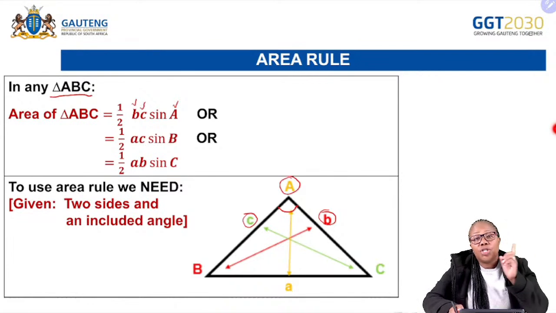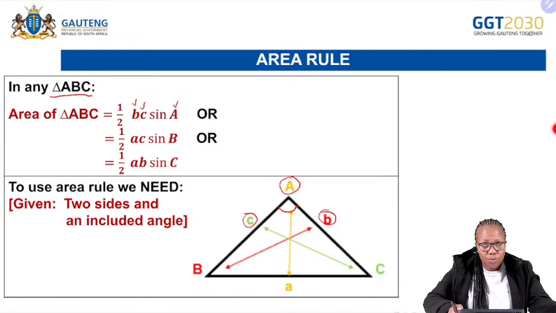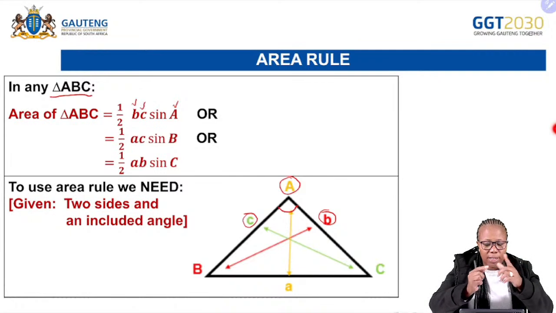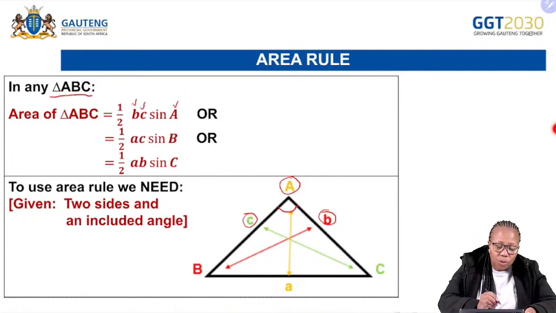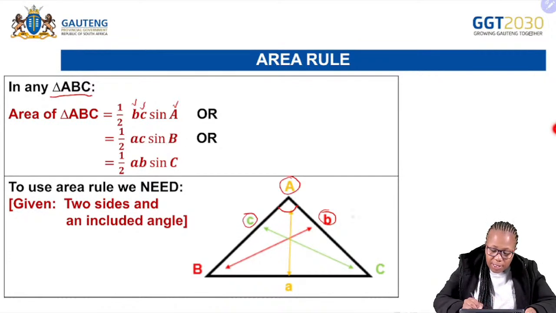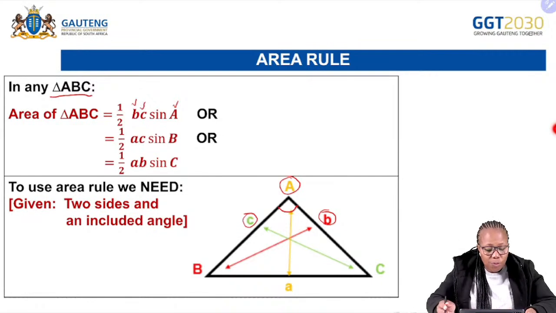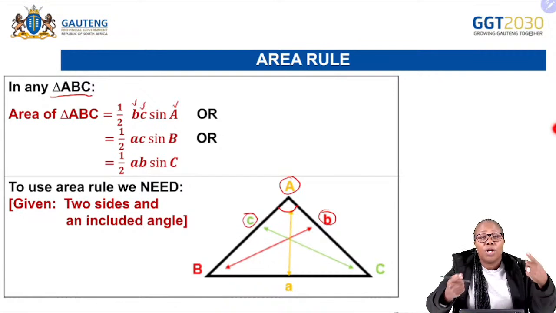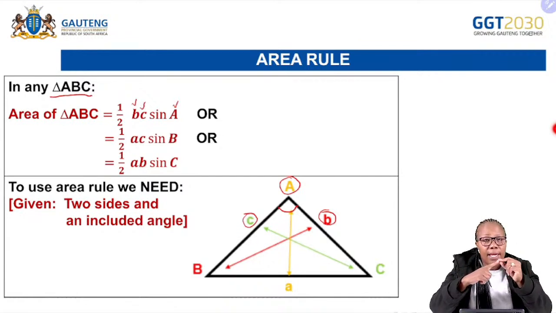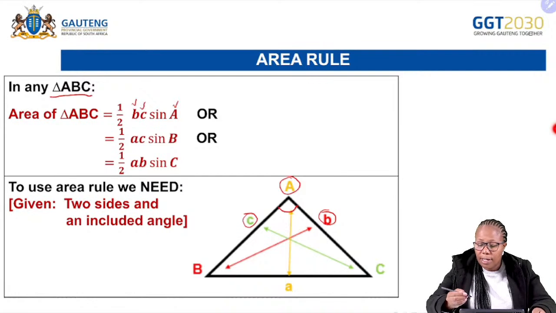That is the relationship between the area rule and the cosine rule. Remember, even in cosine, we need two sides and an included angle. So it's either half bc sin A, or half ac sin B, or half ab sin C. To use this rule, we need what? I've already elaborated on that. We need two sides and an included angle, the same as in the cosine rule.